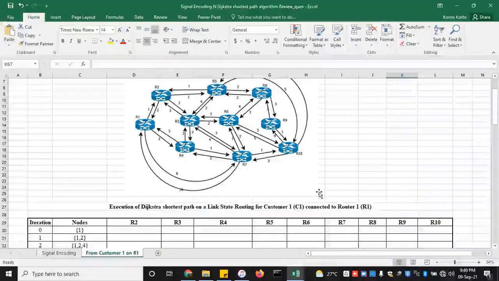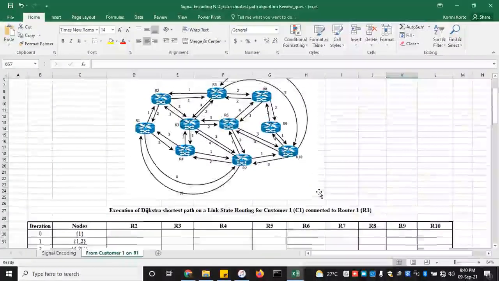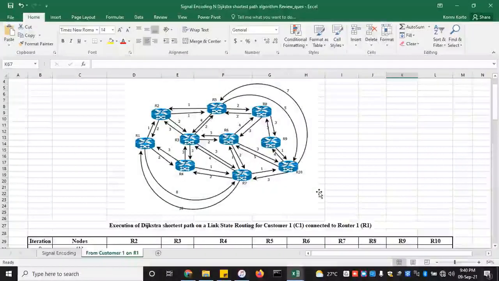Okay, so we want to build the Dijkstra shortest path that relates to a customer here trying to send a message or a packet, some kind of information, to each and every router within this nested network, picking out the shortest path, or the path with the least cost involved.